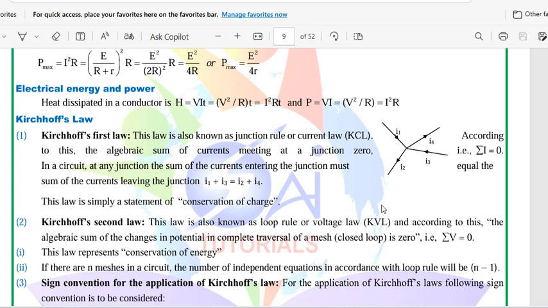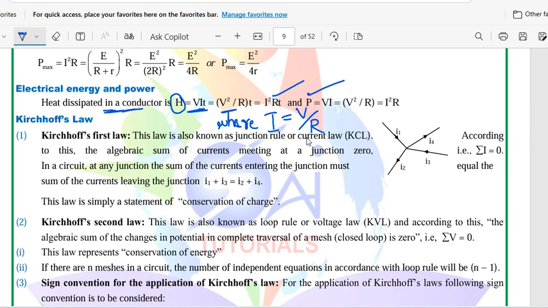I have told you that heat dissipated in a conductor, that is H, is equal to V into I into T. We can also write this in terms of I as V by R, so it becomes V square divided by R. It can also be written as I square into R into T. Power dissipated P is equal to VI.